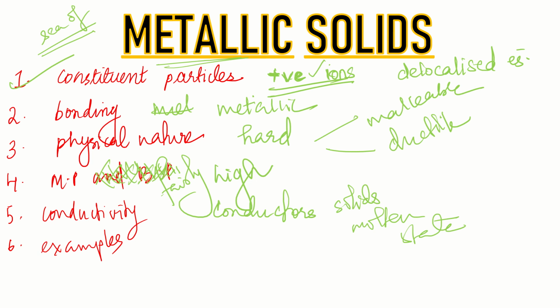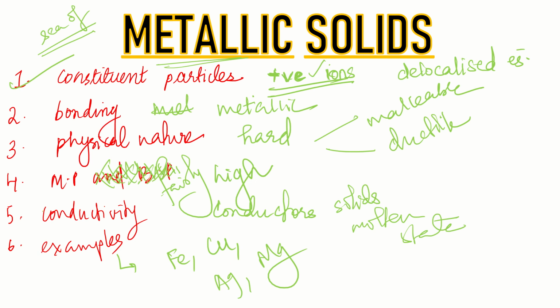Last we have some of the examples. Here, metallic solids, right? So only metals should come. Some of the examples are iron, copper, silver, magnesium. Just all the metals are metallic solids.